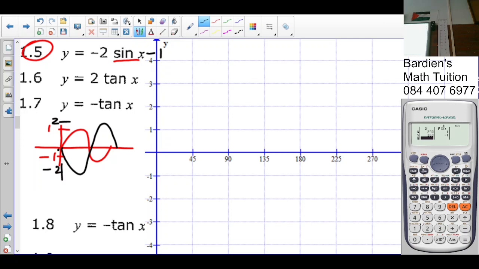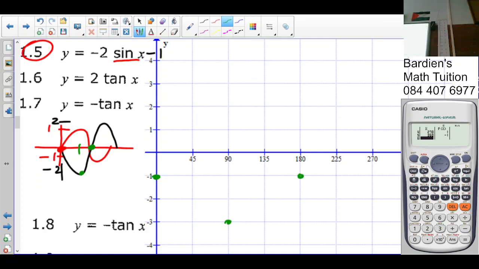Then the graph goes down by 1 unit. So if I draw this, consider this point, and I go down 1 unit, it goes to minus 1. Then I consider this point, which is 90 and minus 2, becomes 90 and minus 3. That is 180 and 0, becomes 180 and minus 1.